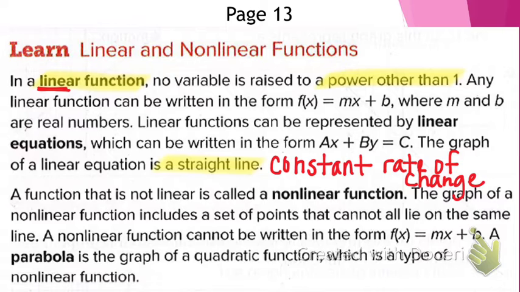So if it's linear, no power other than 1, it's a straight line and a constant rate of change. And on your homework and on the test, you're going to have to look at an equation and tell me if it's linear. And you'll have to look at a graph and tell me if it's linear. Pretty basic, nothing confusing, nothing complicated.